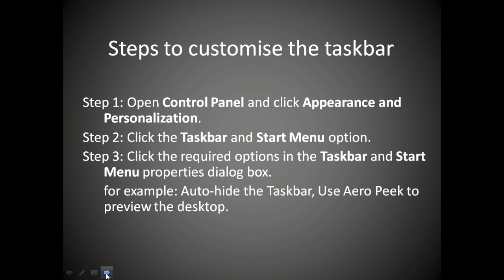Another is use Aero Peek to preview the desktop. To view the desktop we have multiple options. If you click on the Aero Peek option, the desktop will appear as a peek. When you use the combination of Alt key and Tab key, you'll find the desktop appearing in a different way.